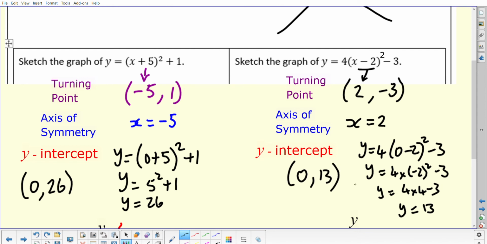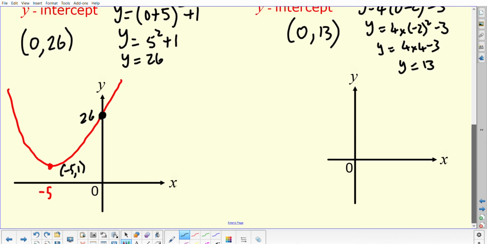So I will need to plot the point (2, -3), that's my turning point. So you draw little x and y axes, make sure you use a straight line, your ruler, to get the lines drawn. You're then going to plot roughly where (2, -3) would be, and we will label it.